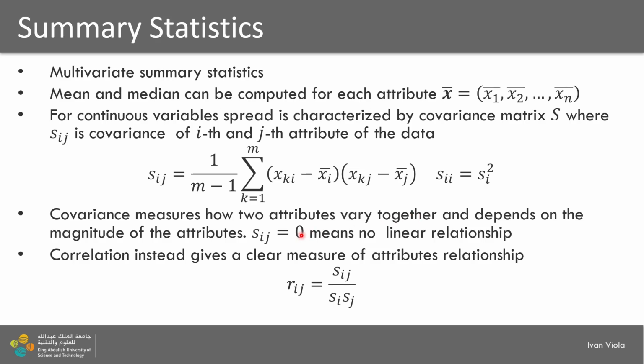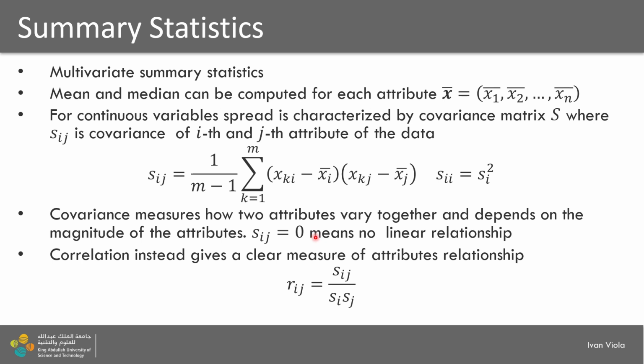It is also important to mention that covariance measures how they vary together and the magnitude of the attributes, but Sij will be 0 in case there is no linear relationship.